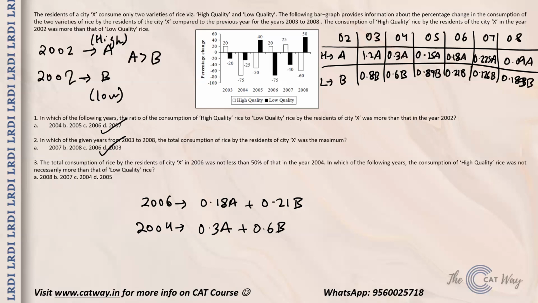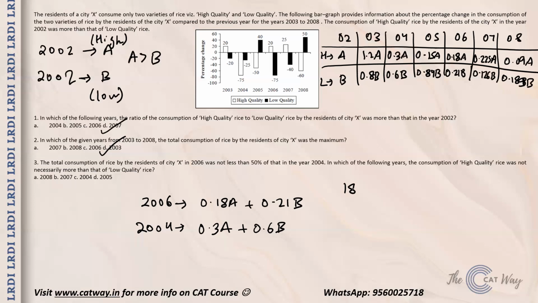Now, what does it tell you? That the total consumption in 2006 was not less than 50% that in 2004. Let's remove the decimals, because then the integral values will be easier for us to calculate.